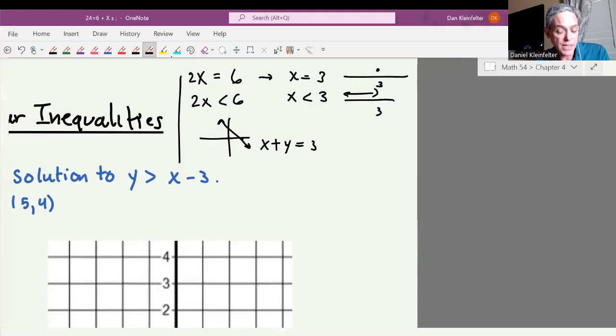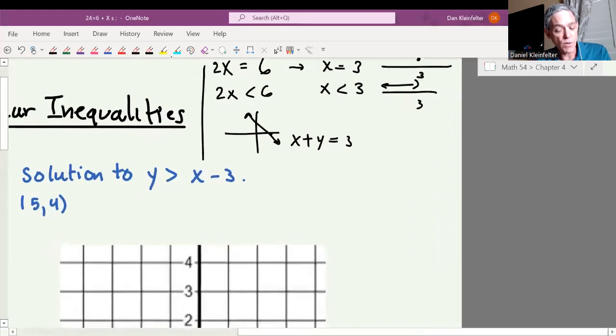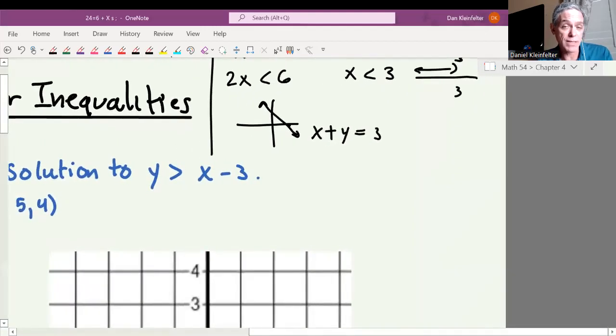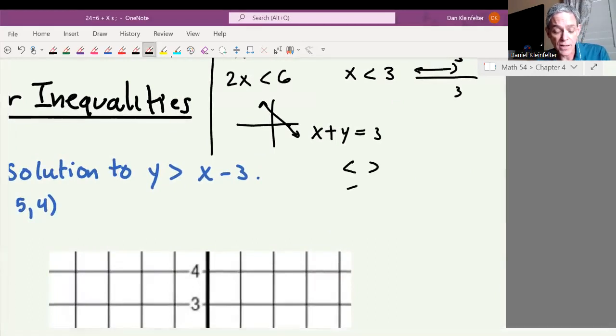It's a similar sort of jump in how the graph looks and how we represent our answers. For the equations of lines we've had, y equals mx plus b and so on, we're just going to change the equal sign into less than, greater than, less than or equal, or greater than or equal, and explore the solutions of those inequalities.